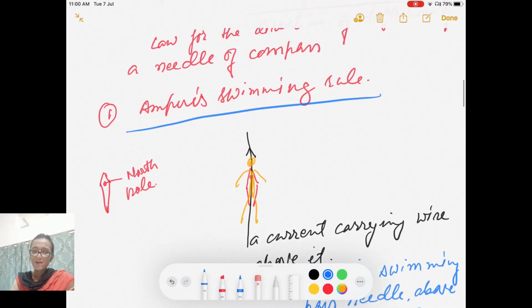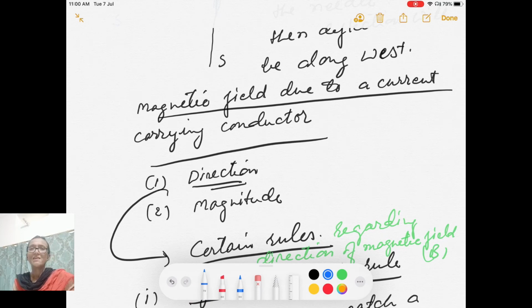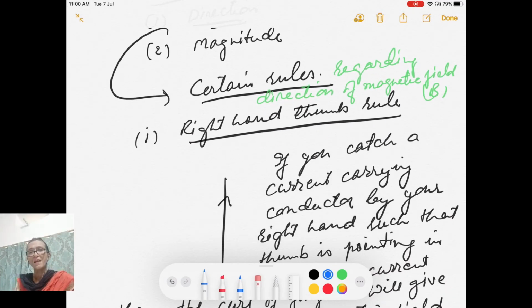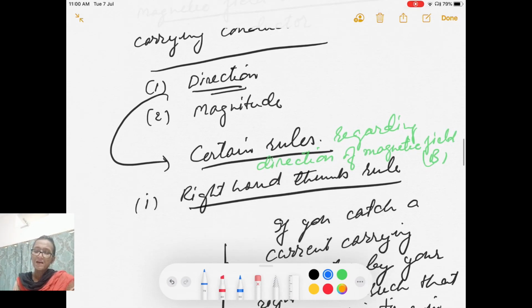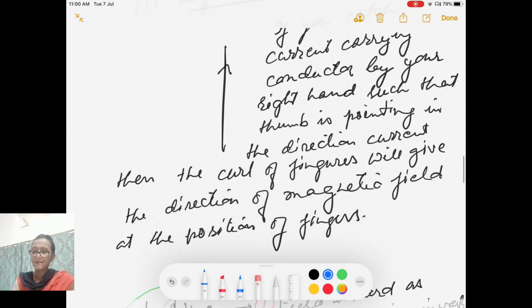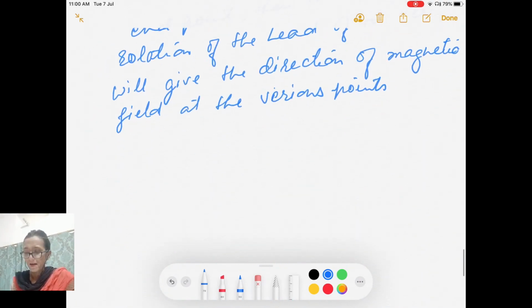Then we discussed the direction of magnetic field due to a current carrying conductor. Because magnetic field is a vector quantity, having both magnitude and direction, we first learned how to find the direction. Now the next thing is the magnitude of magnetic field due to a current carrying conductor, and this is given by Biot-Savart's law.